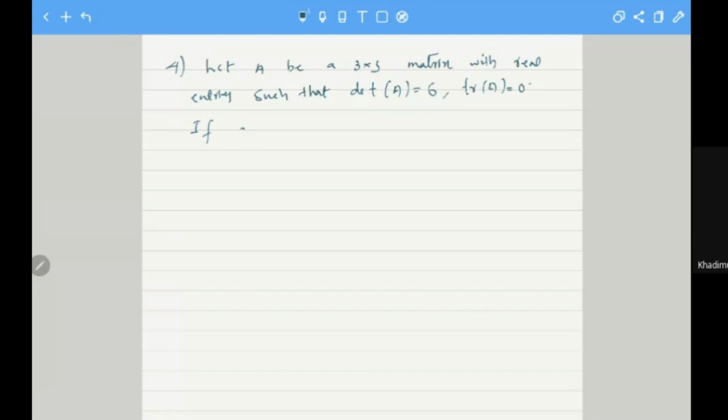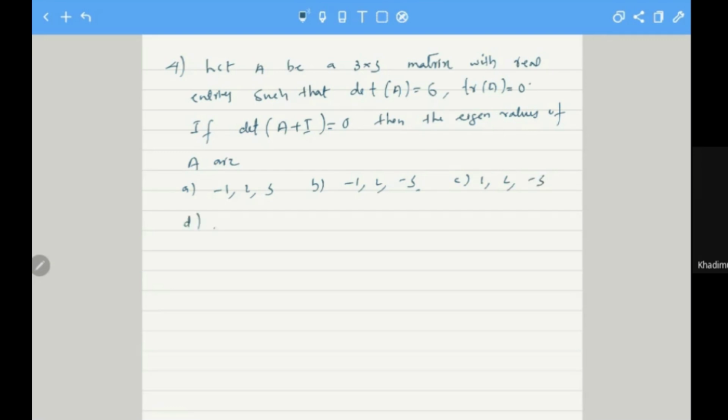If determinant of A plus I equal to 0, then eigenvalues of A are: option A, -1, 2, 3; option B, -1, 2, -3; option C, 1, 2, -3; option D, -1, -2, and 3.